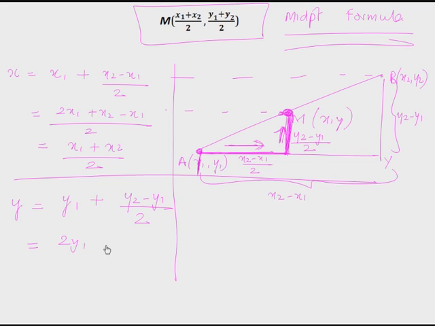That becomes 2y1 plus y2 minus y1 by 2, which becomes y1 plus y2 by 2 as required. So the formula makes sense. All we've done is use similarity and found out the lengths of this triangle. Once we know the lengths of the legs of this important triangle, we just add coordinates to reach M. We first go to A and then we move on to M.